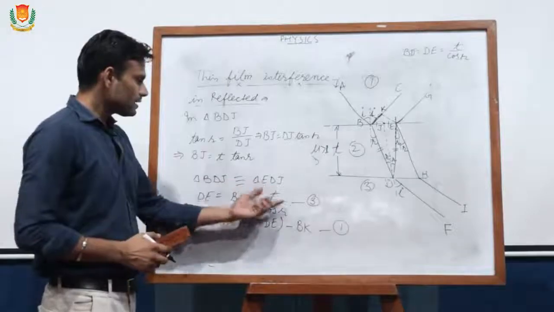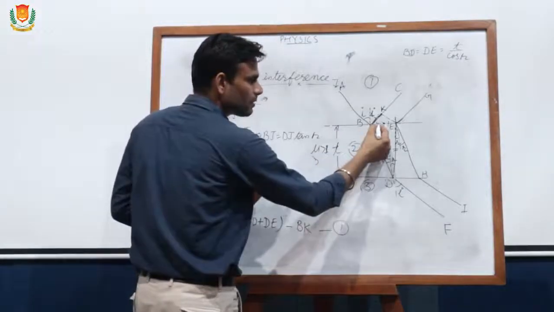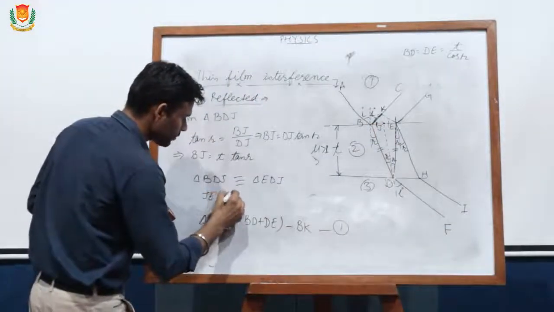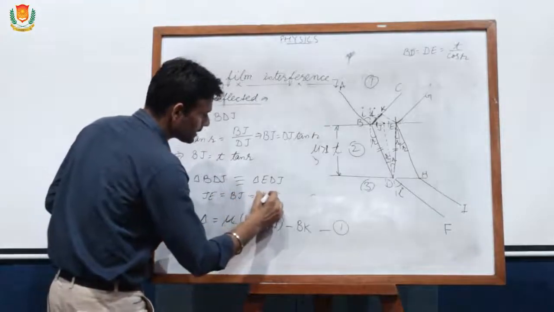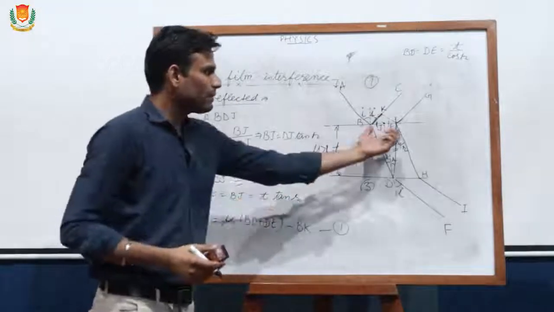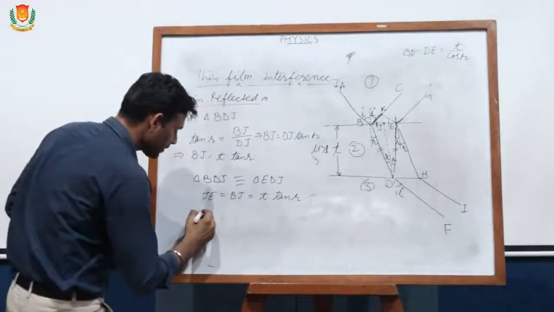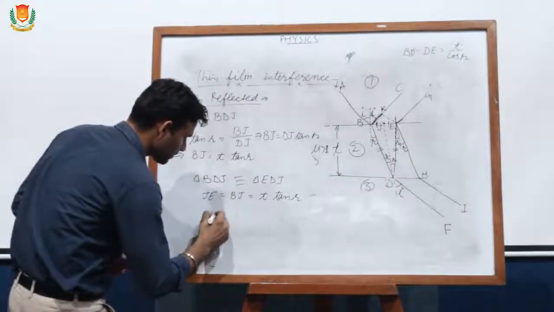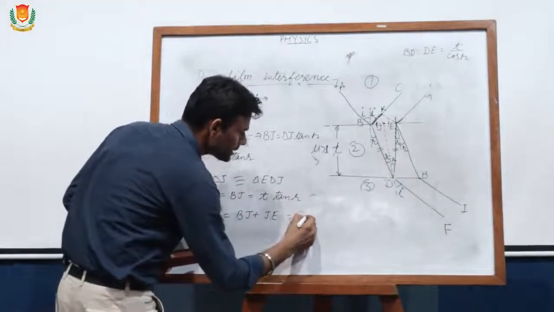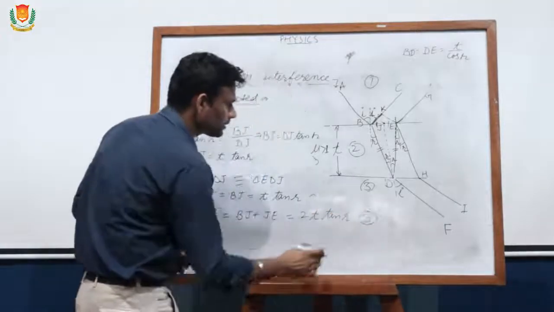Again, since these two triangles are congruent, this portion BJ is equal to JE, so JE is equal to BJ and it is equal to T tan R. So what will BE be? BE will be BJ plus JE, meaning 2T tan R. This is equation number 4.